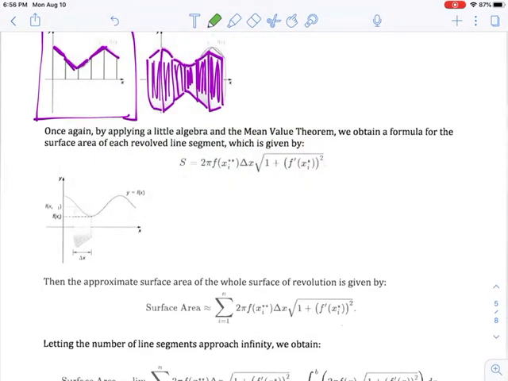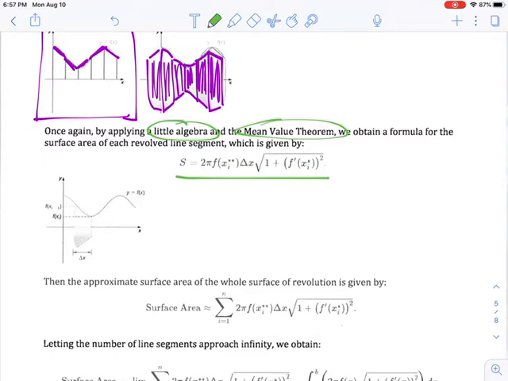So once again, we're going to use a little bit of algebra, the mean value theorem from Calc 1, and we're going to end up with this representing the surface area of one of those line segments being rotated or revolved around the x-axis.